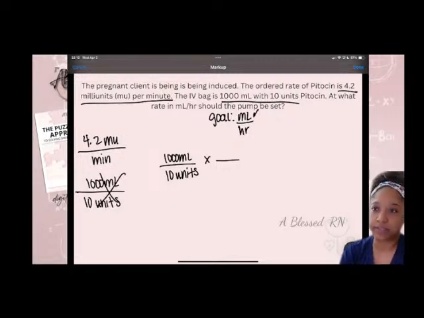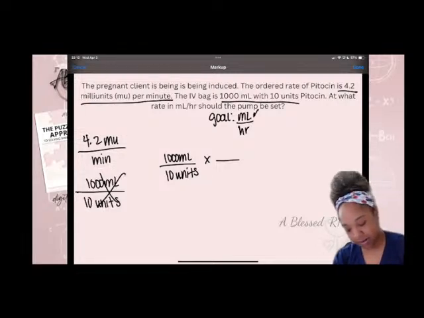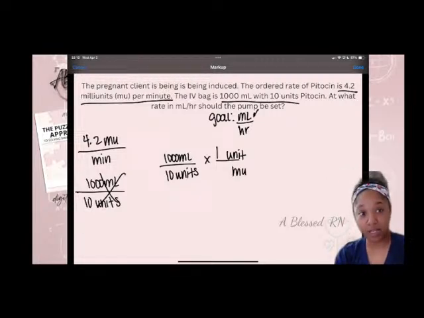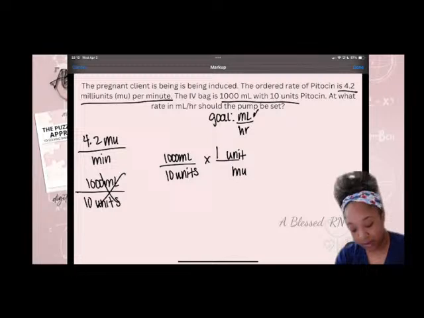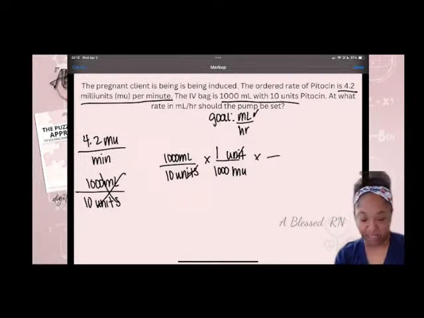What we will do is, if we have units on the bottom, we need units at the top, so we can do a conversion from unit to milliunit. So unit will go at the top. Your milliunits will go at the bottom. Remember, 1 unit is what? 1,000 milliunits. See, we're just piecing together a puzzle.